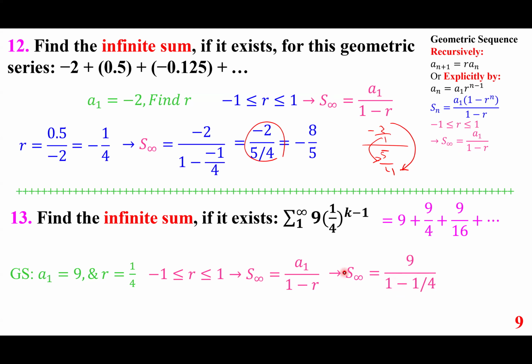This is 3/4. 9 divided by 3/4 is 9 times 4 thirds, 36 thirds, or 12. Pretty straightforward, everybody.